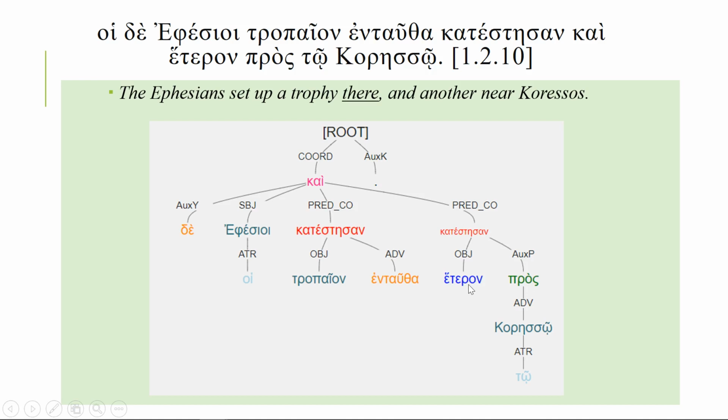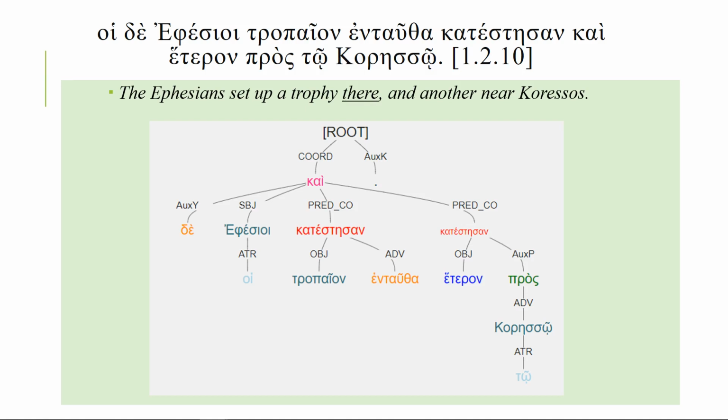Now, technically, I could have repeated the tropaion as well, right? Because we're talking about another trophy, but I don't need to, because heteron tells us just fine. I mean, an adjective, there's a gray line between adjectives and nouns. So there's no reason to repeat an unnecessary word. If you need it for the structure of the sentence, I put it in. If you don't, I don't.